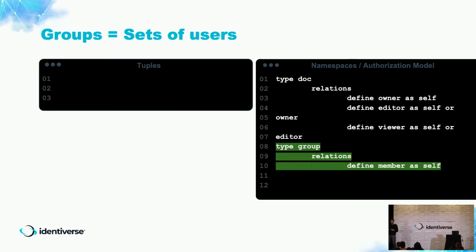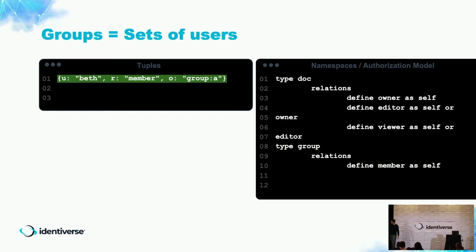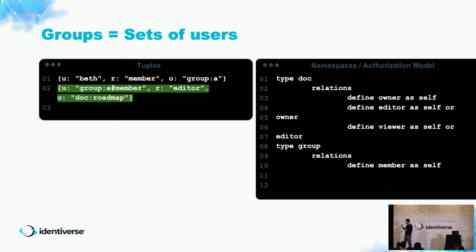Now, what about groups? What about sets of users? And this is one of the nice things about Zanzibar. I can go define another type of object in my system called a group, and I can say they have members. And then I create a tuple that says that Beth is a member of group A. Okay? So we're saying there's a relation there. And there's also a relationship between all members of group A, and they are editors of the document roadmap.